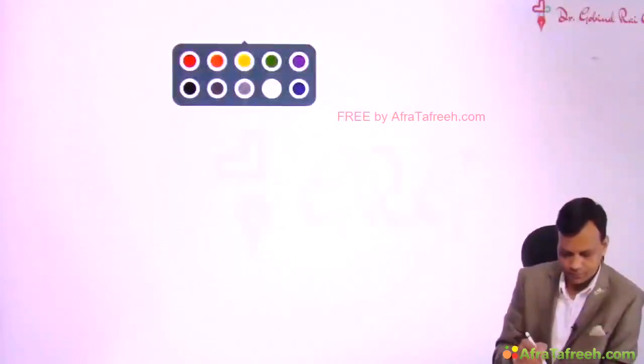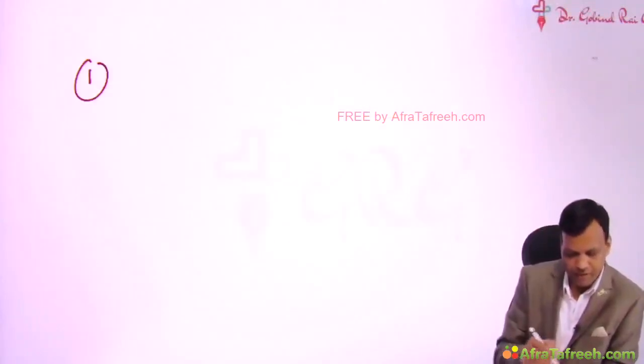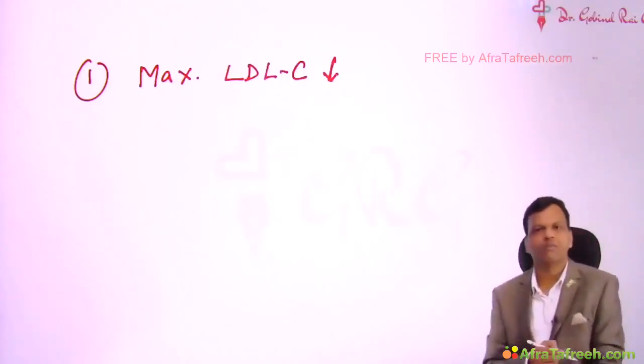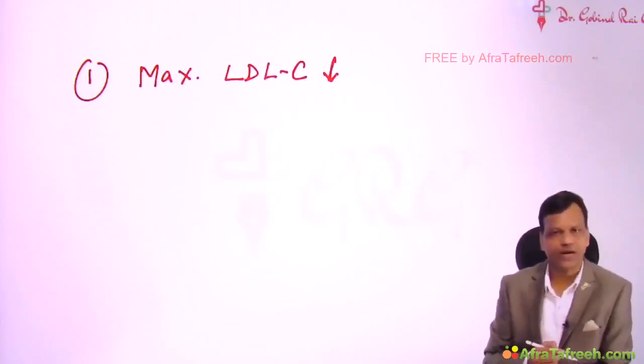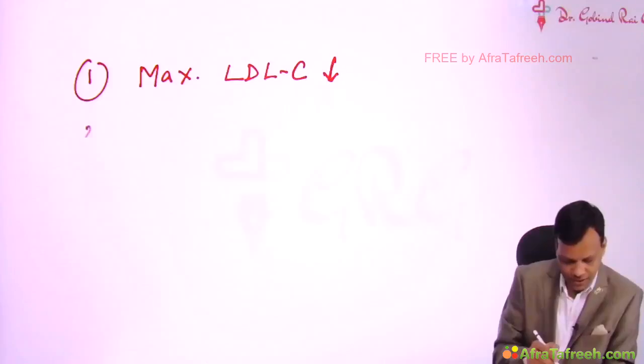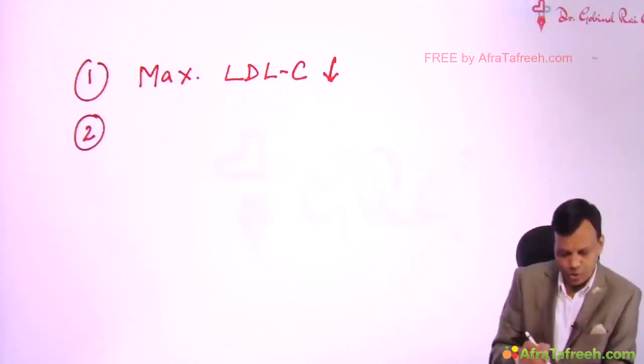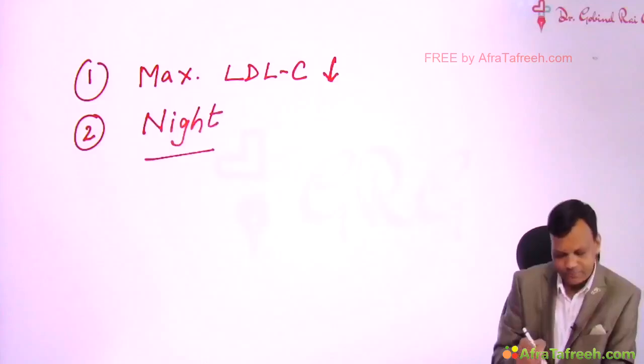Now, important points regarding statins to remember. Statins have the maximum LDL cholesterol lowering potential. Maximum LDL cholesterol is decreased by statins. Second, statins are usually given in late evening or at night time.